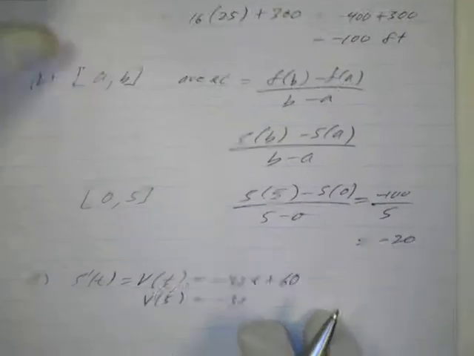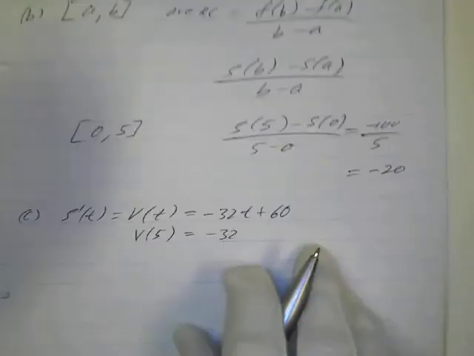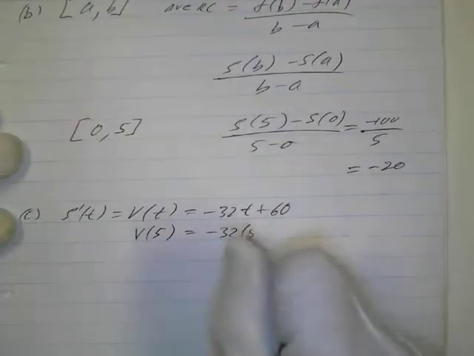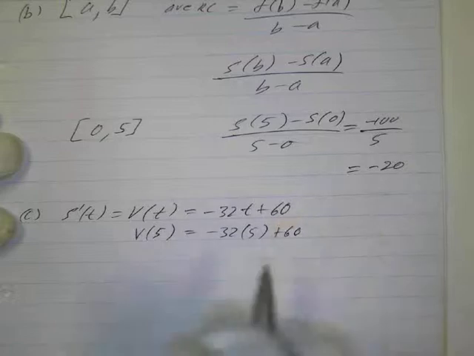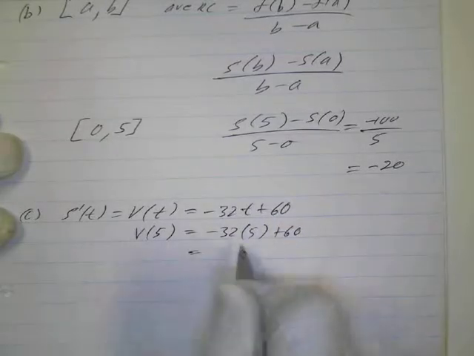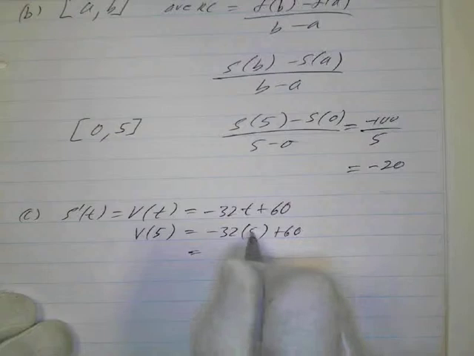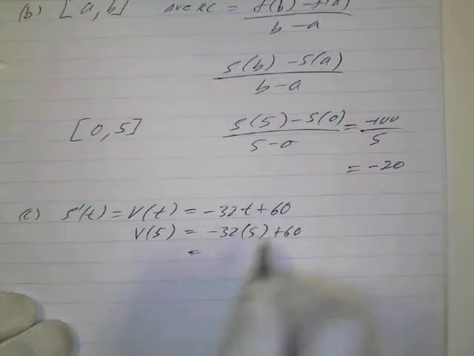So that's going to be negative 32 times 5 plus 60. And that's going to be negative 160, because 10 times 32 is 320, so 5 times would be half of 320, which is 160.